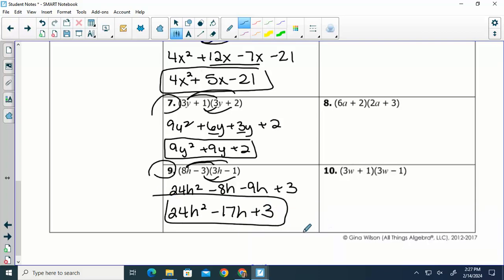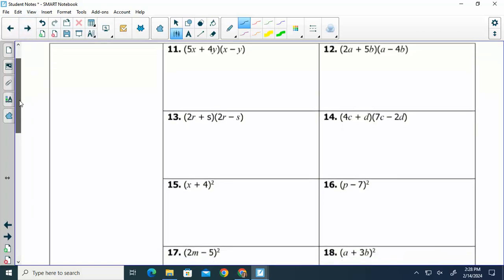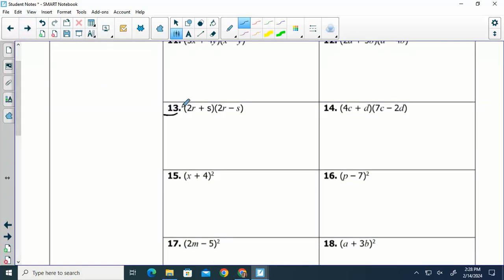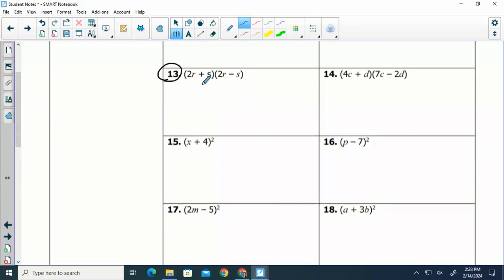All right, are we doing okay on those? Yes. Let's go to number 13. So if I FOIL these, what is 2r times 2r? 4r squared.